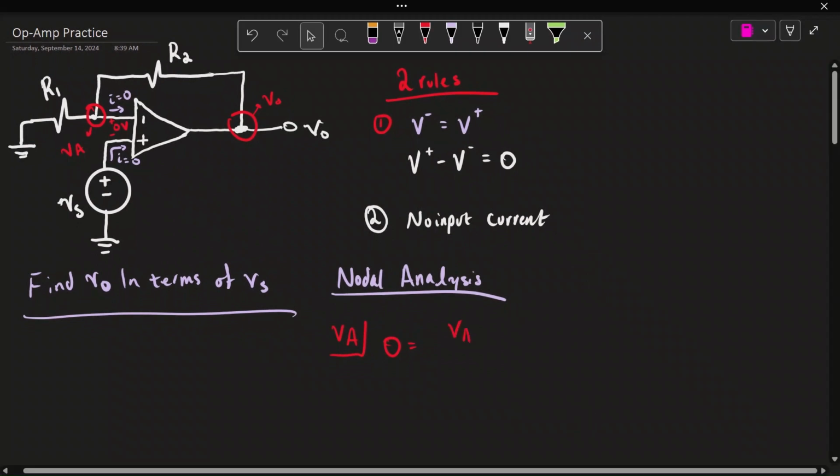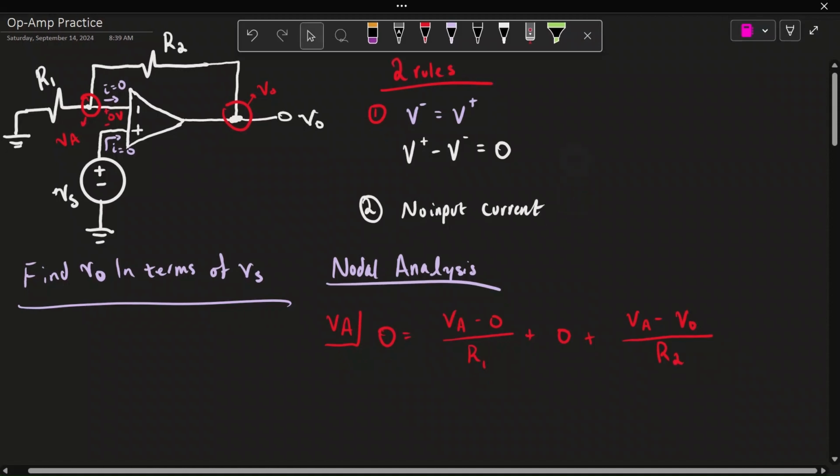We have VA minus 0 over R1, plus, going to the right, the current coming out of the node into the op amp is always 0, then plus the current through R2, which is VA minus the potential on the other side of R2, V out, divided by R2.